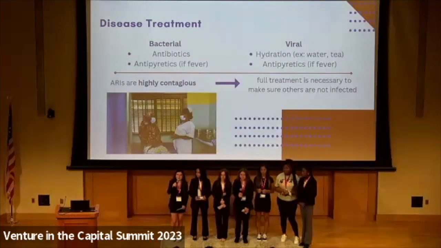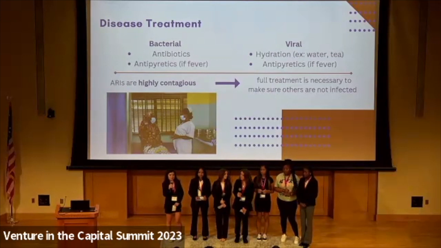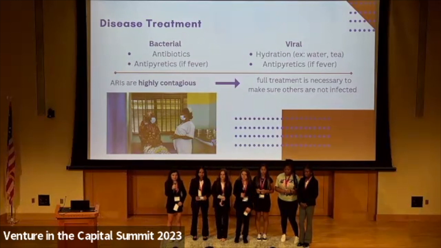There are also two types of disease treatments. The first is the bacterial treatment, and if a doctor diagnoses the patient with bacterial ARI, then they need to prescribe antibiotics, specifically amoxicillin as an example. The second is a viral ARI, and in this case, the patient will need lots of hydration and rest.